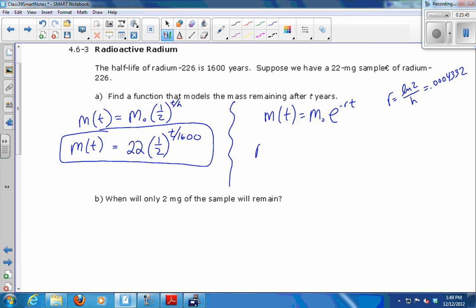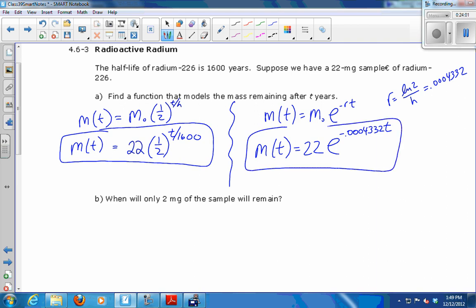Now I just plug that in here. I get m of t equals 22, that's my m0, e to the negative 0.000433 t. So I have two equivalent models, two different ways of saying the same thing.